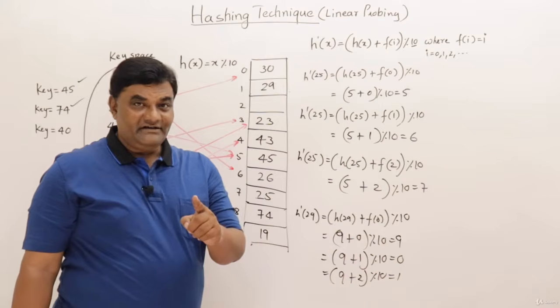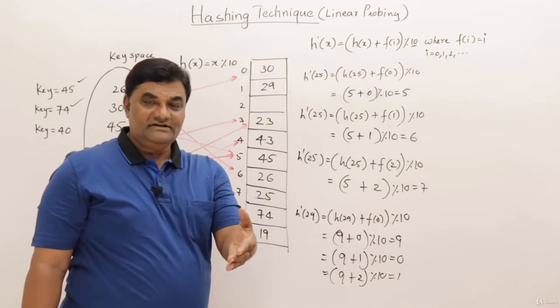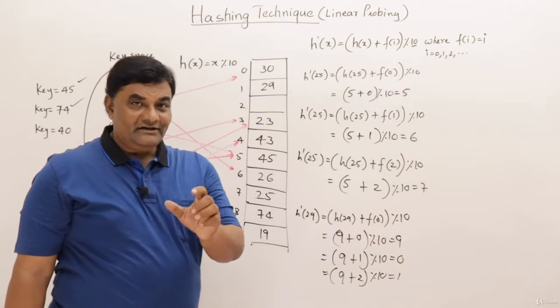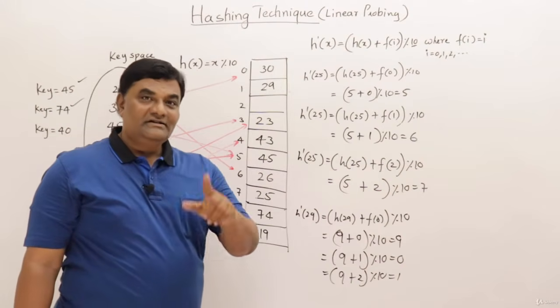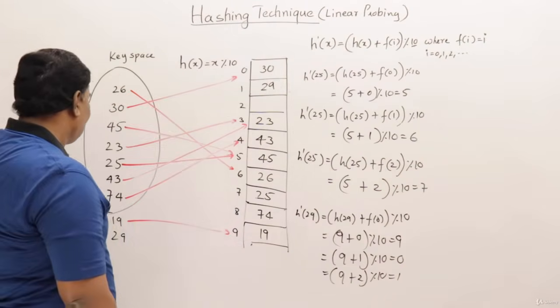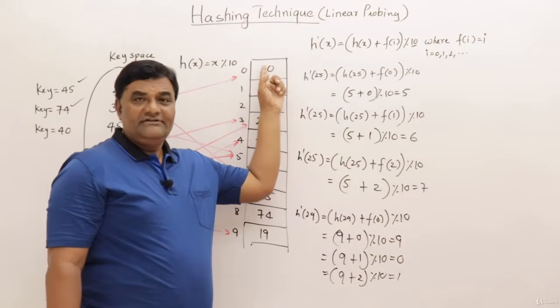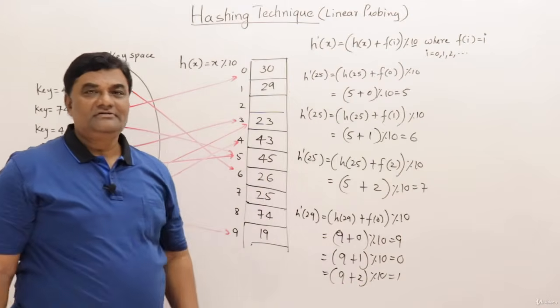Listen carefully. I know you have one doubt. You will get the answer to it. Listen once again. When a key is being searched, use the hash function, go to that index. If it's not equal, go next; not equal, next; empty place, stop.